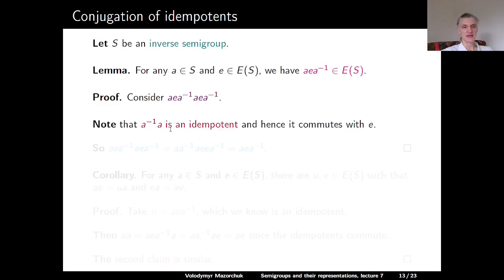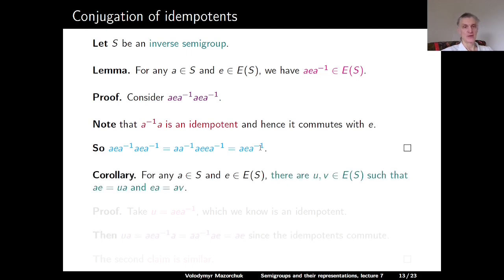Note that A inverse A is an idempotent, and so it commutes with E. So our product is equal to A times A inverse A times E times E times A inverse. The first three factors collapse to A, then EE collapses to E, and we get AE A inverse. And this proves that AE A inverse is indeed an idempotent.